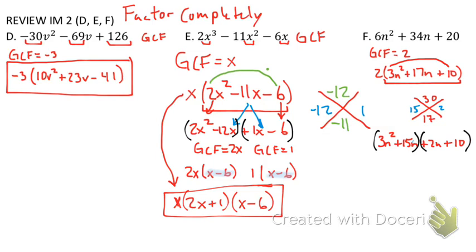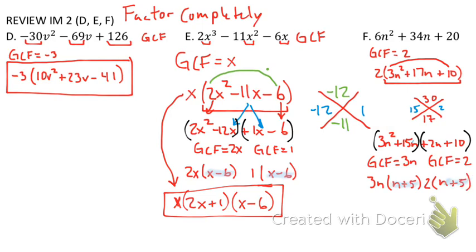The GCF here in the first group is going to be equal to 3n, and that gives me 3n on the outside with n plus 5 on the inside. My GCF for the second group is going to equal 2, and that gives me 2 on the outside and n plus 5 on the inside.